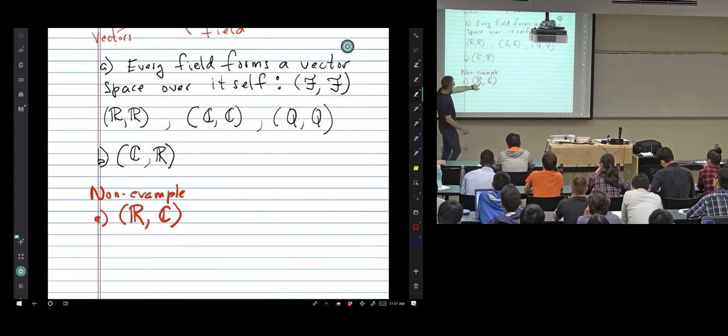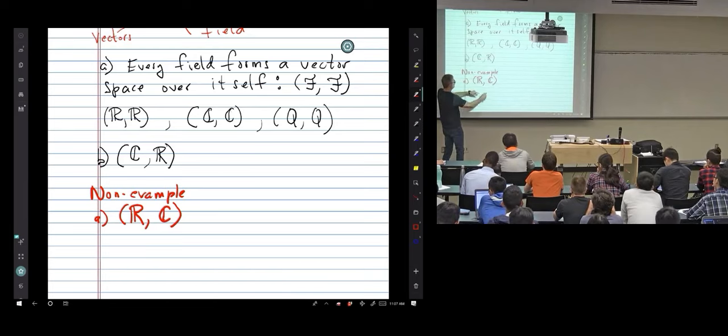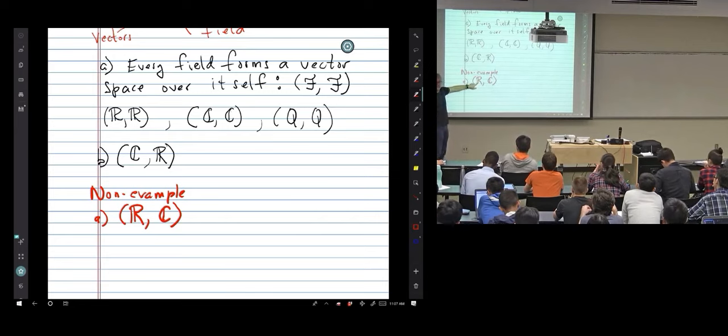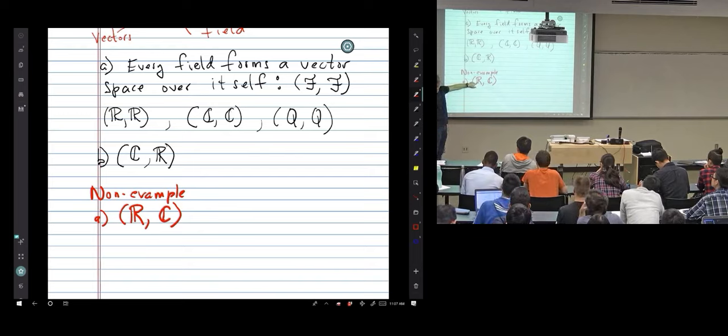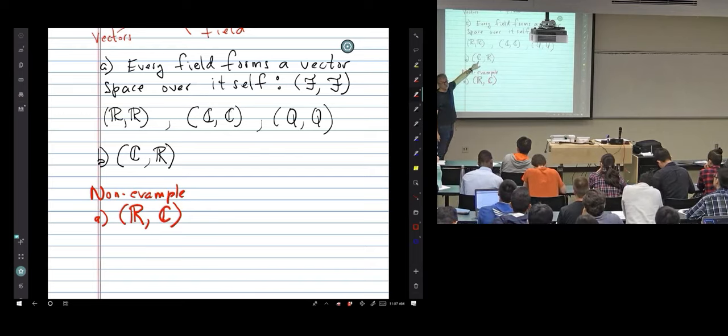Yes. Now, with the normal rules of scalar complex numbers multiplying real numbers, can I define an operation on scalars times vectors and get vectors back? You see the problem? j times 1 is not a real number. So the order matters.